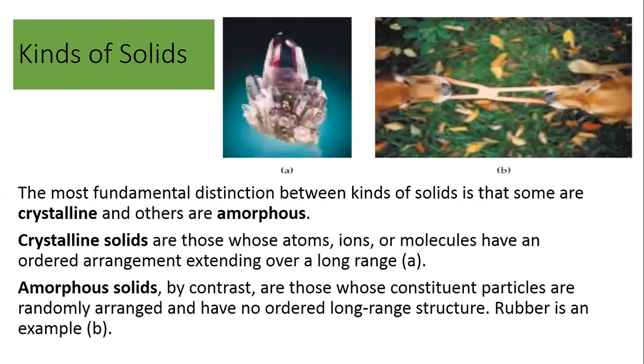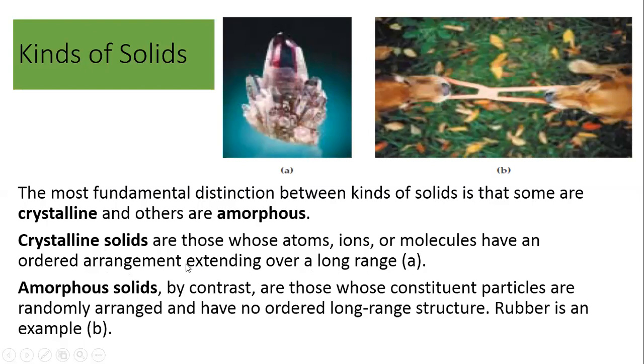There are two fundamental kinds of solid. One is called the crystalline solid, another is called the amorphous solid. So how can you differentiate between these two? Crystalline solids are those where the atoms, ions, or molecules have an ordered arrangement extended over a long range, as shown in example 1.